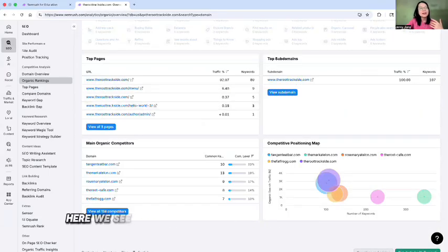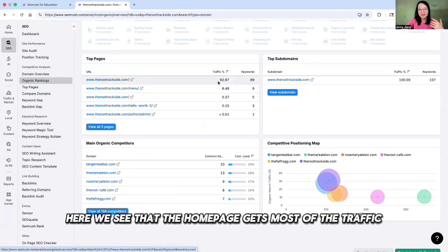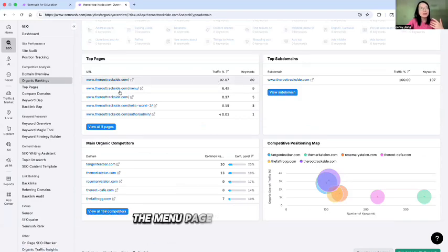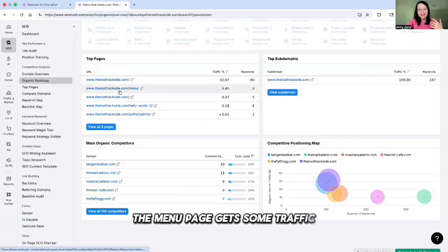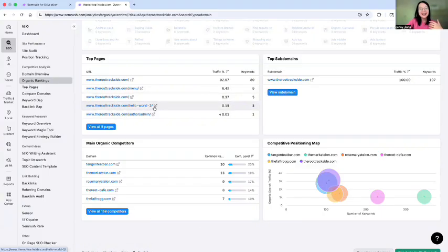So here we see that the home page gets most of the traffic. The menu page gets some traffic. There are also a few unusual pages such as the hello world post, which is a little bit weird.